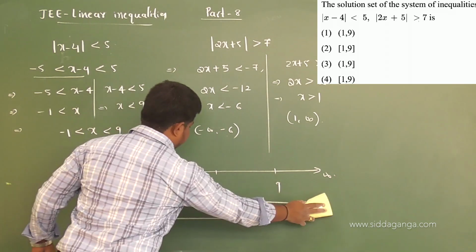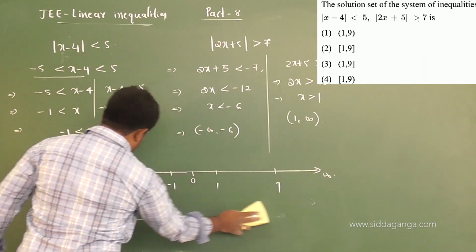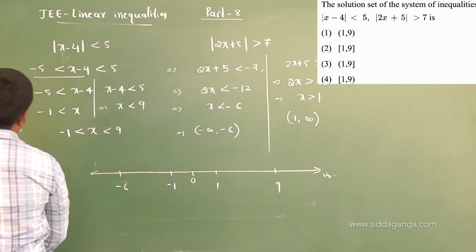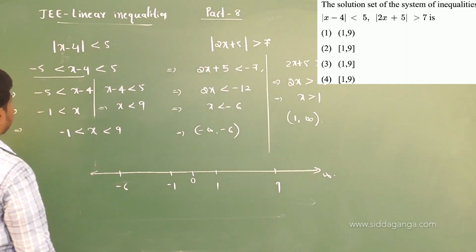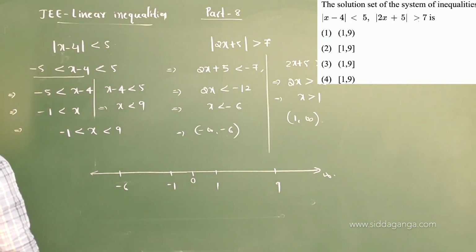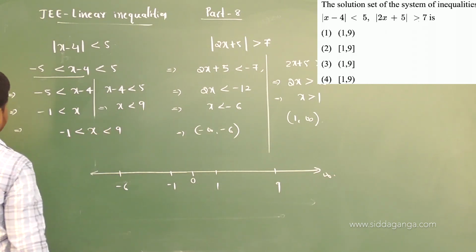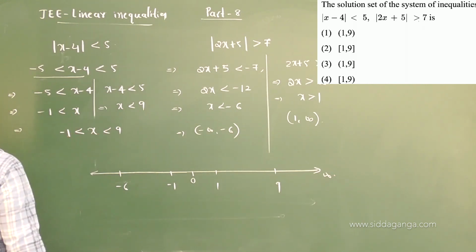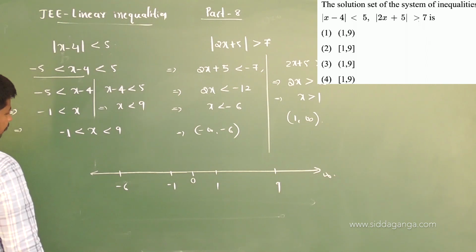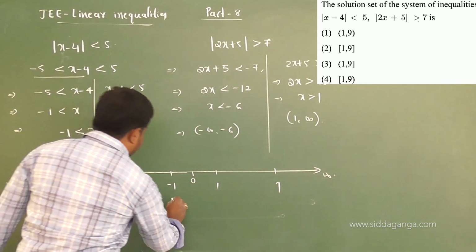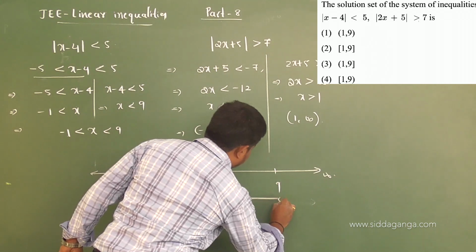Using the result, when mod x is less than a, x lies between minus a and plus a. So here the values of x lie between minus 1 and 9, x greater than minus 1 and less than 9.